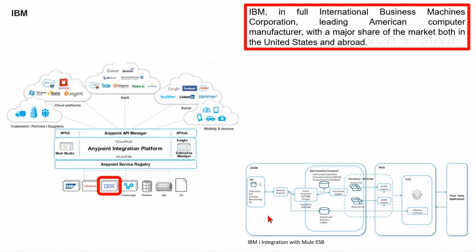Here you can see an ERP and web transaction framework that can interface programs in AS400. Here the ERP: order entry, POS, inventory, merchandising, etc. The ERP interacts with the interface program. The interface program interacts with the create transaction, CRTTRN process, and request and response staging.